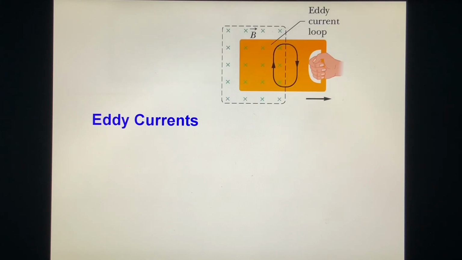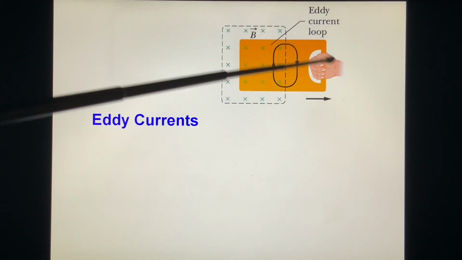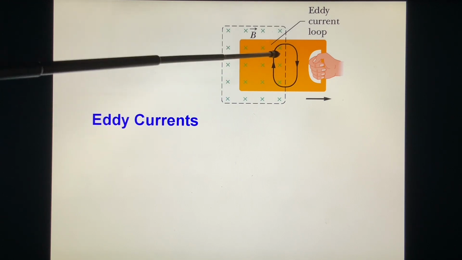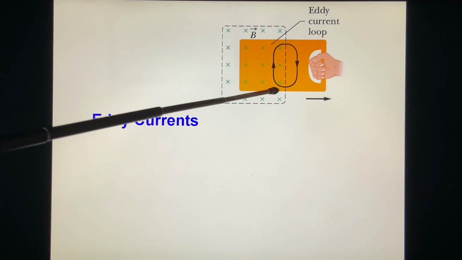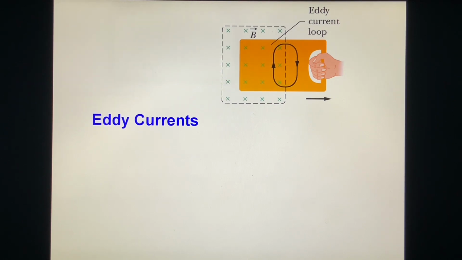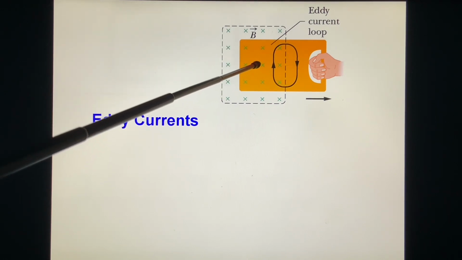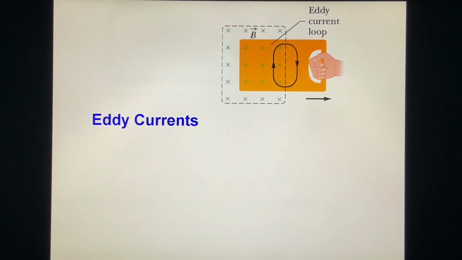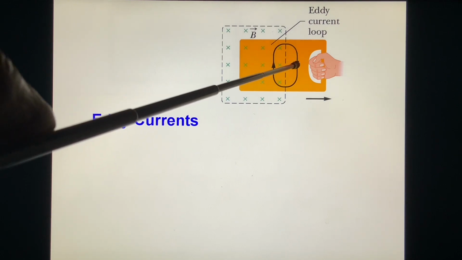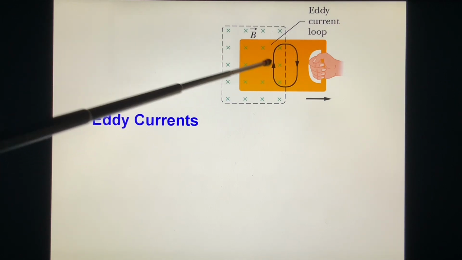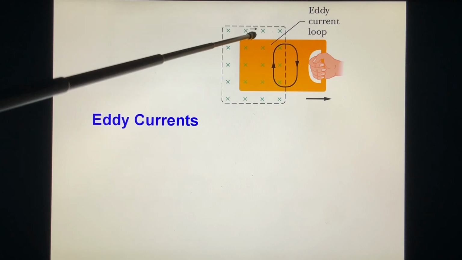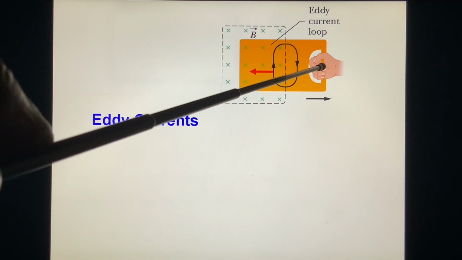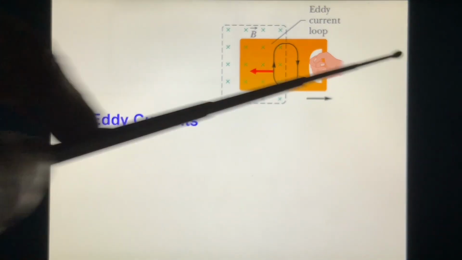Eddy current. When we pull a conducting metal out of the magnetic field, we can assume some artificial current loop is produced, the same situation as we discussed before. This is clockwise. This current is outside the B, and this current is inside the B. The current in B will experience a force in this direction, and I have to use force to pull it out.